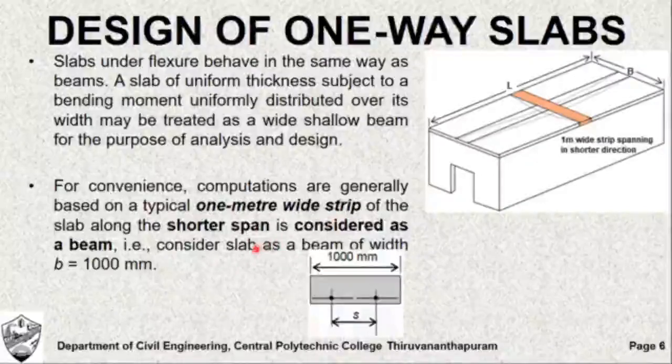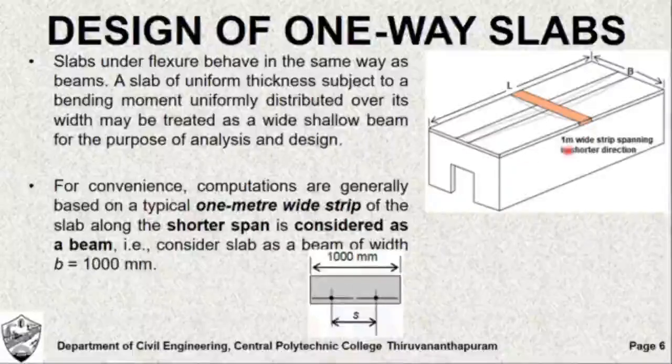That is exactly what is given here. If we consider only a 1 meter wide strip, that is, if we say that this is a beam of width B equal to 1000 millimeter, then we know how to design such a beam, isn't it? We have already learned the design of beams.